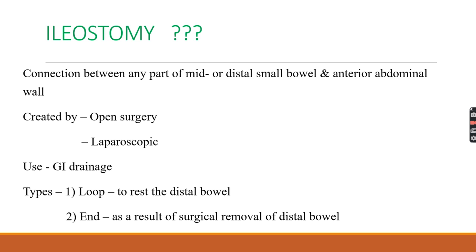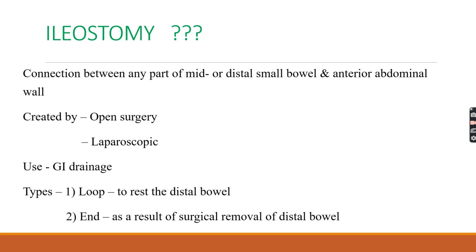Again, it can be created by either open surgery or laparoscopic route. After doing diagnostic laparoscopy, if it is required, we can do it by laparoscopic route also. What is the use of doing this ileostomy? Obviously, GI drainage.